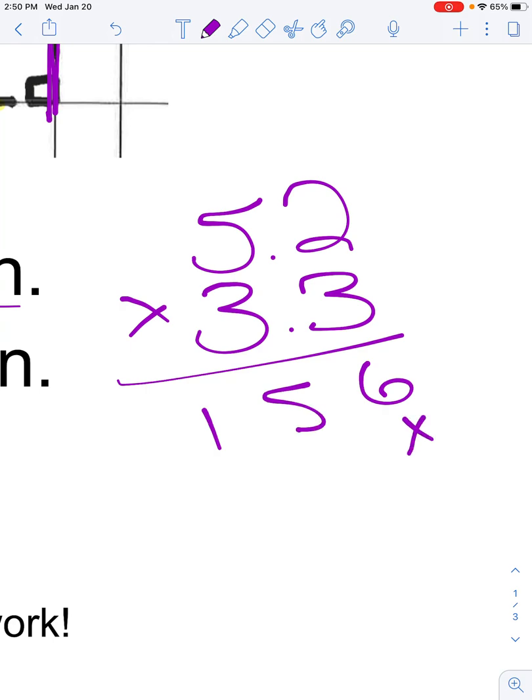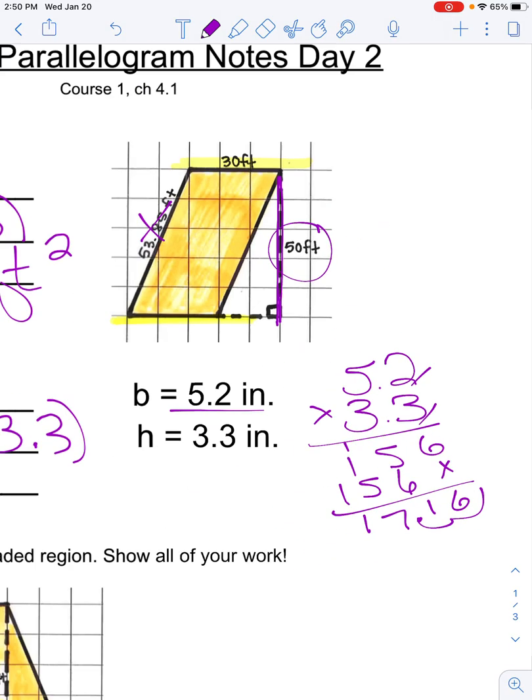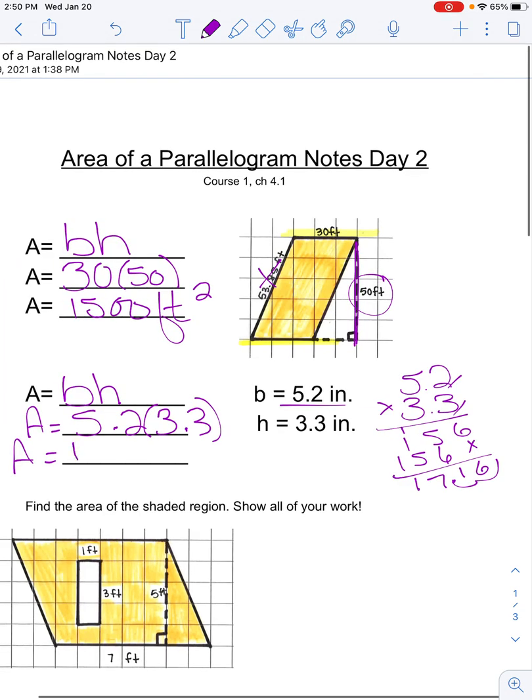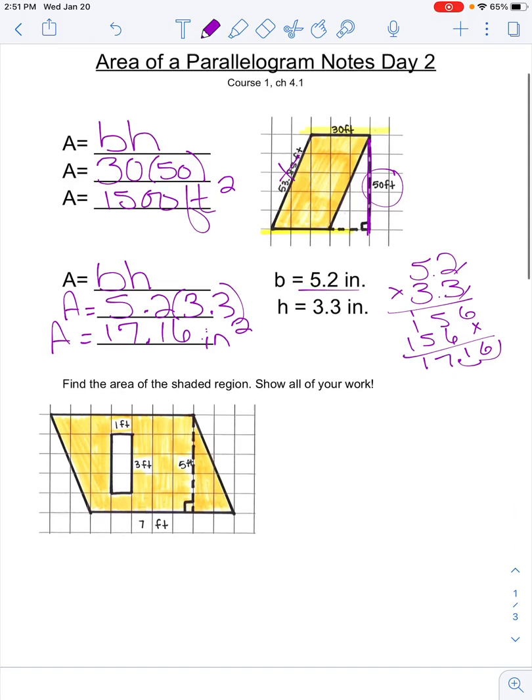Practice using your multiplication. Once you get finished, you should get 17.16 square inches.